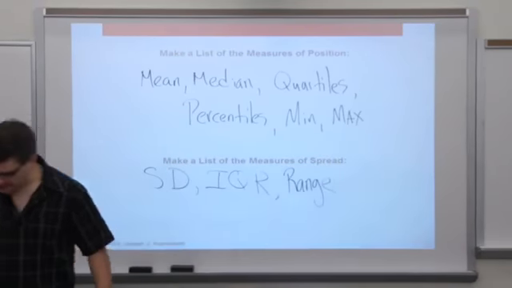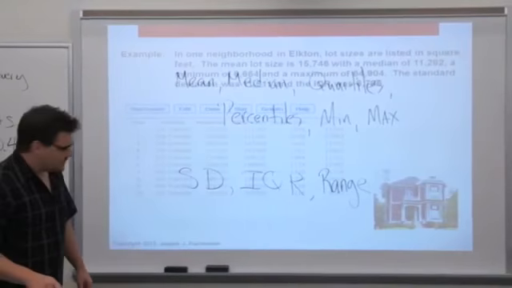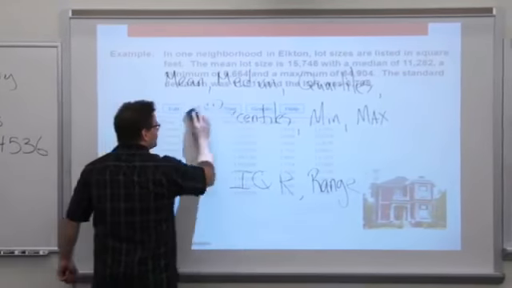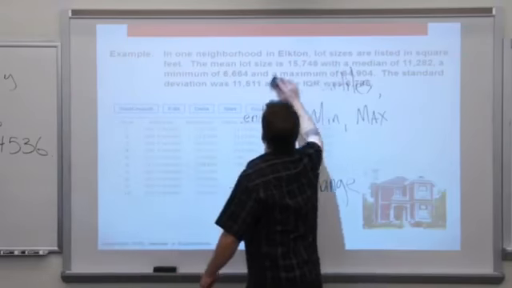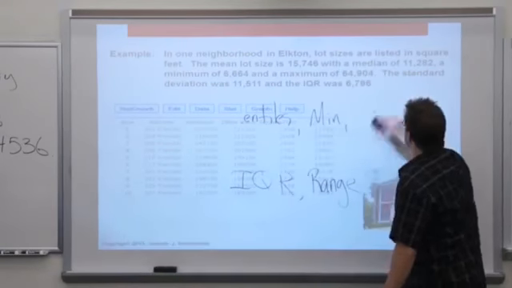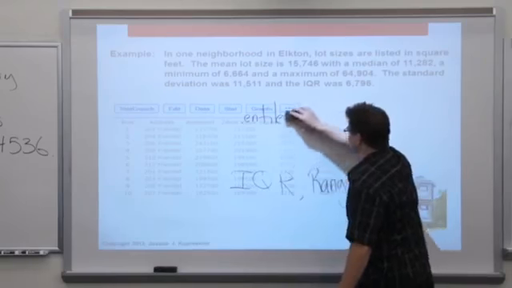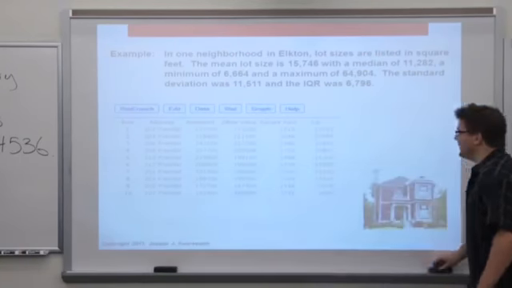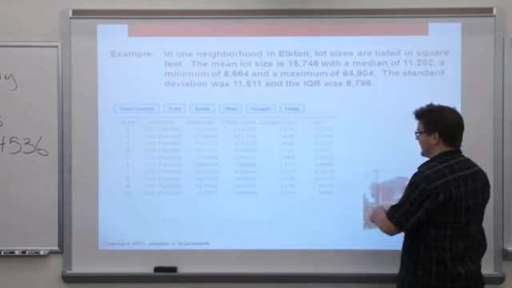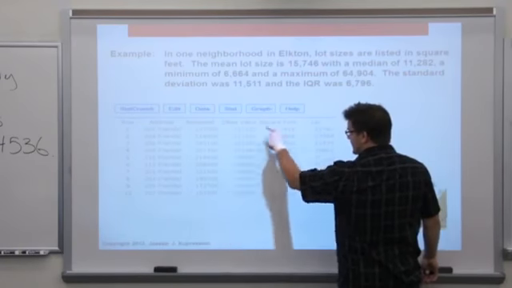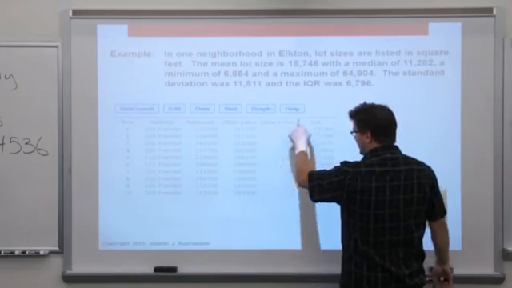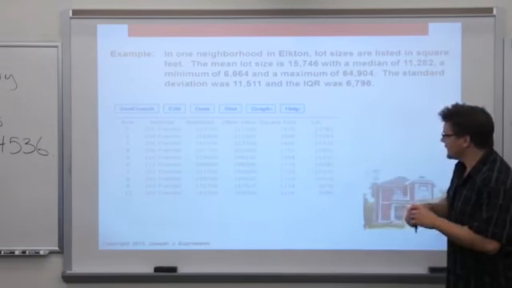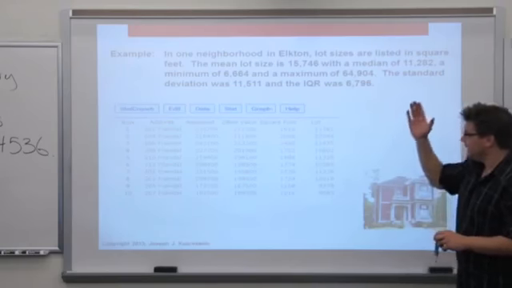All right, we flip the page. We'll go back to this neighborhood in Elkton. Example: in one neighborhood in Elkton, lot sizes are listed in square feet. Hopefully you can see this on the screen, but this first house in row 1, 202 Friendship, square footage was 1918. Second one, square footage was 2,048, and so on.